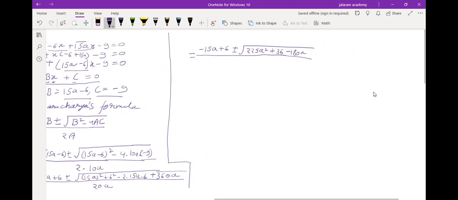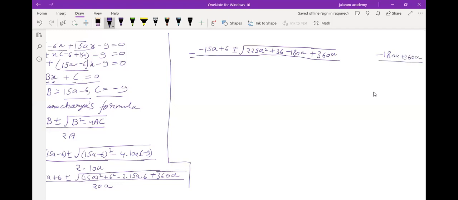Look at these three terms: 225a square plus 36 minus 180a, and the fourth term is 360a. If you add minus 180a and 360a, what will you get?